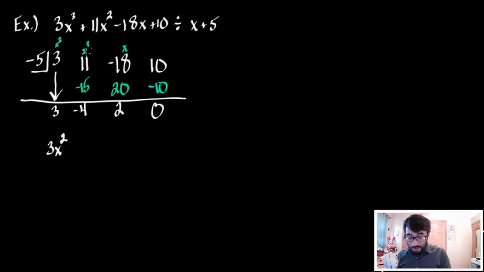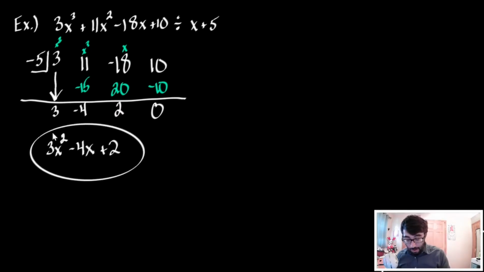This used to be 11x squared, but we broke it down to -4x. This used to be -18x, we broke it down to a +2. And then this used to be the constant, but we broke it down to a remainder of 0. Notice how we used to have x to the third, x to the second, x and the constant. We broke that down. So everything goes down by 1 degree. Basically, the exponent goes down by 1, and this would end up being our final answer.